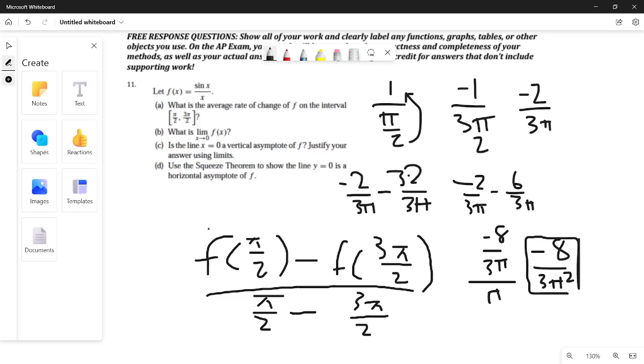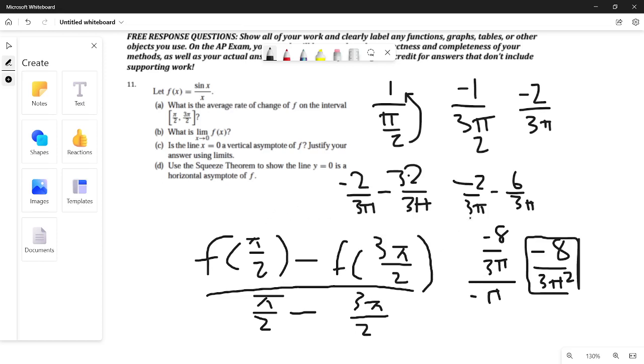Also, isn't it negative? Did you start with 3 pi over 2 and then subtract pi over 2? It's the wrong way around. Oh, he had f of pi over 2 subtract f of 3 pi over 2 when you did it? Because you should get a negative pi for this one, right?